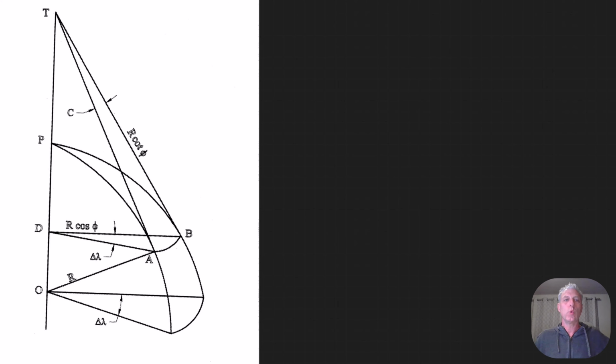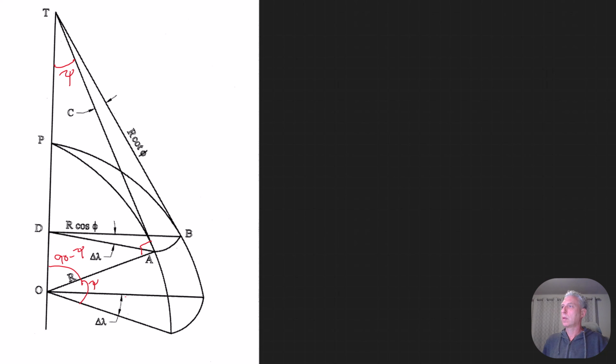Last time we went to great lengths to start engaging with the idea of convergence. We relied on this diagram, wherein we discovered that this angle is the same as the latitude, and we have a right angle here. We have the latitude here, and 90 minus the latitude here.